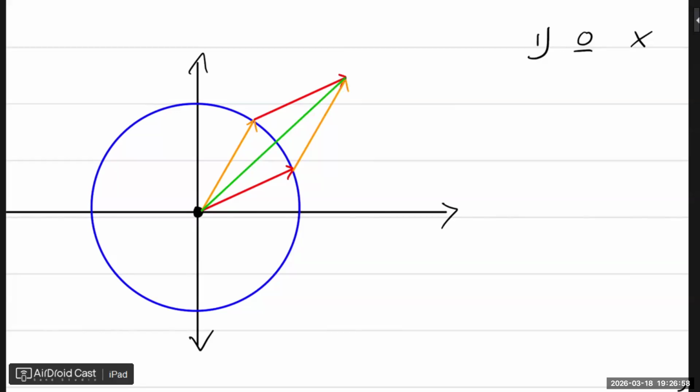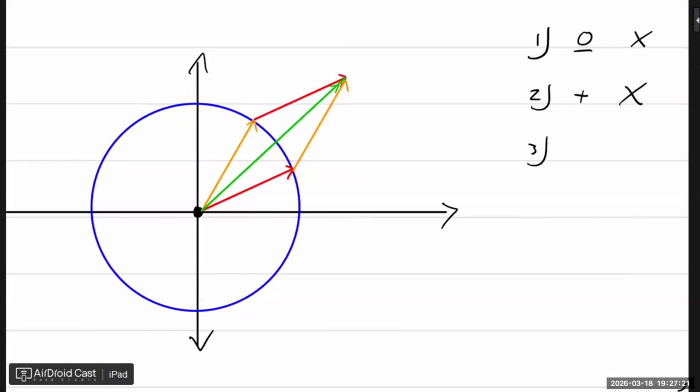And is that green vector on that blue line? No. So closed under addition? No, it's not. What about closed under multiplication? Well, let's say I multiply this red one with just 1.5.